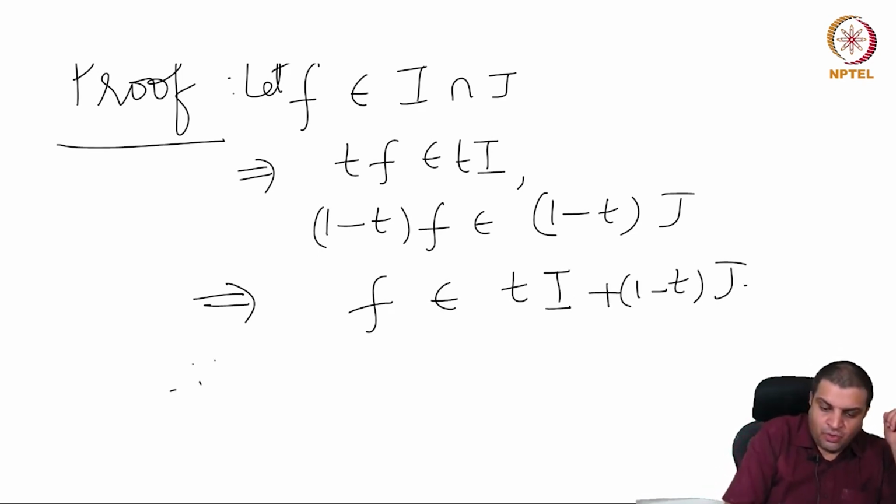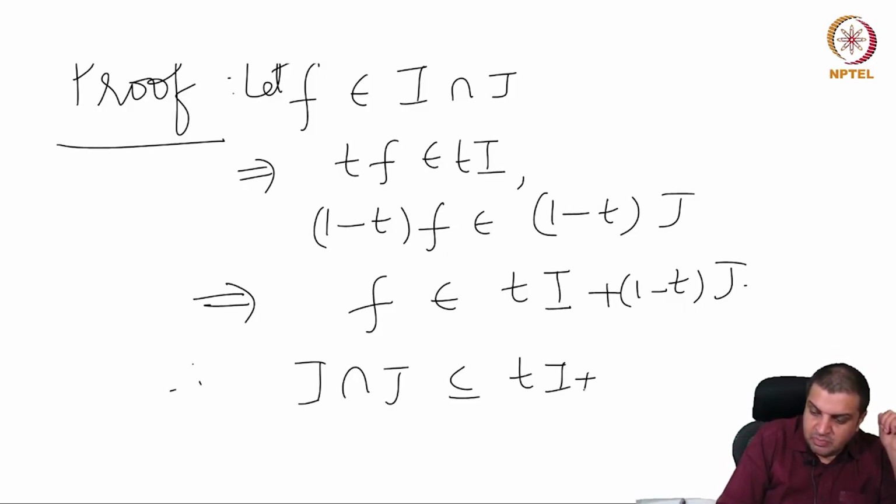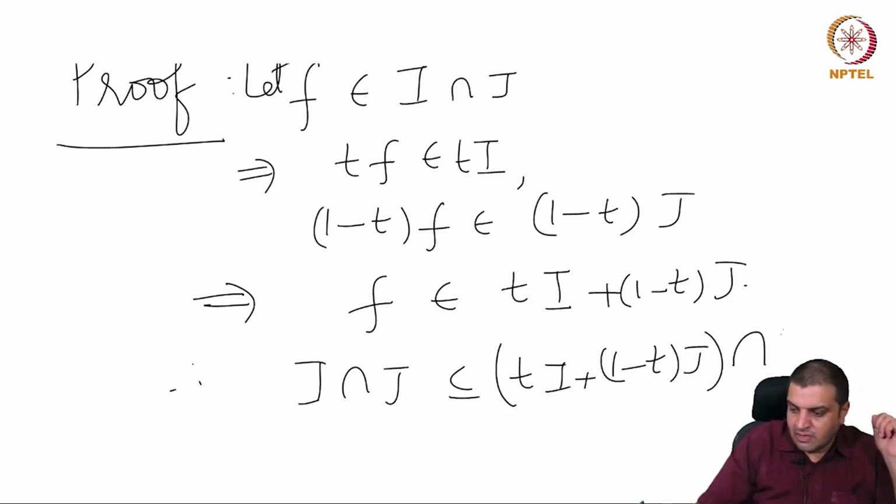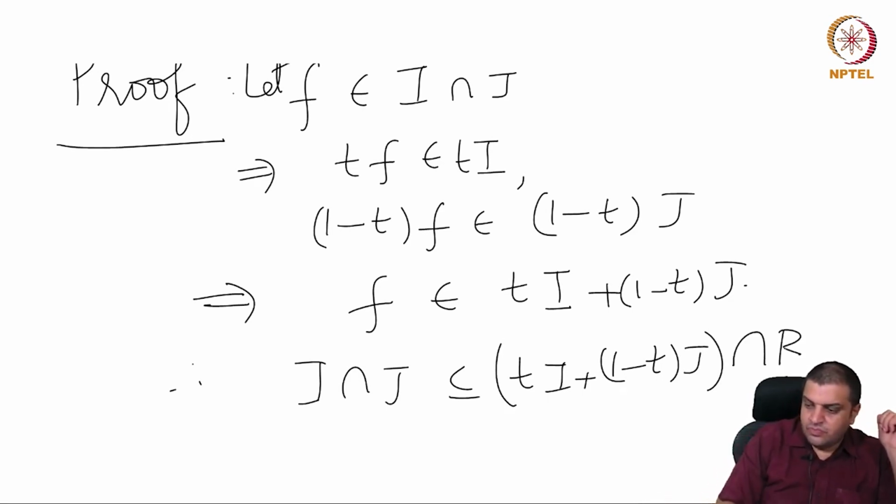Therefore, I intersect J is inside Ti plus 1 minus Tj, and it is inside R. F is an element of R, so it is inside. So we get this.